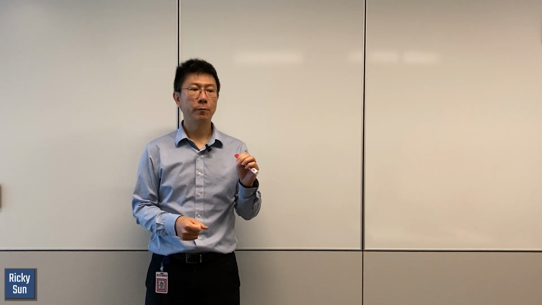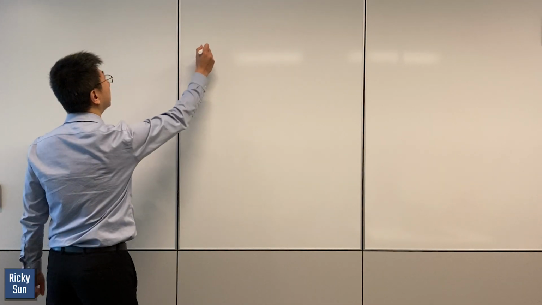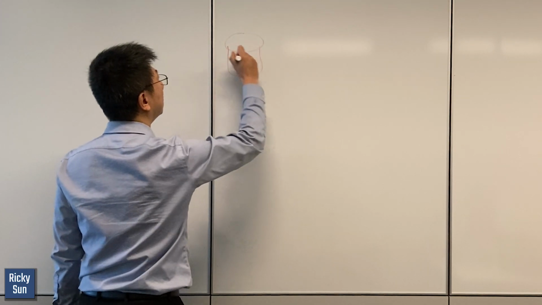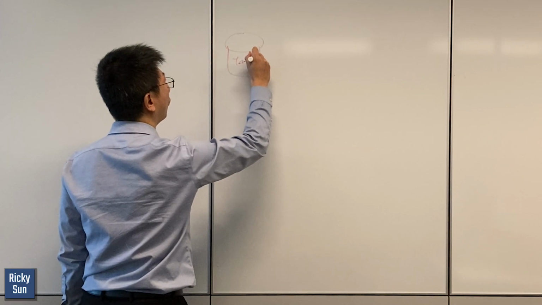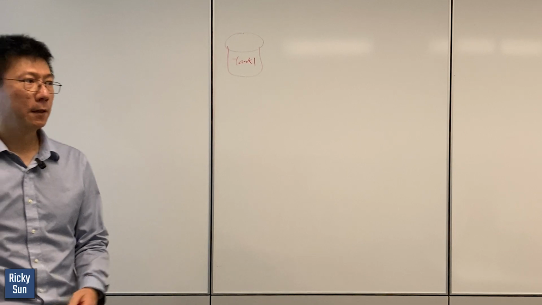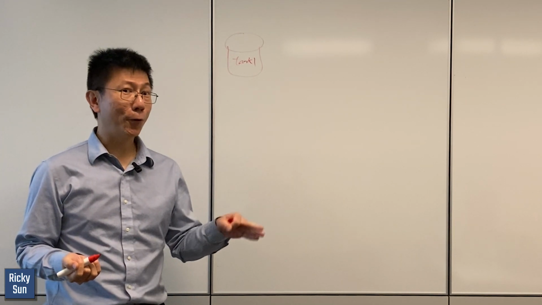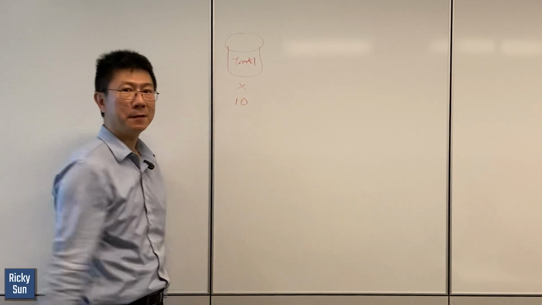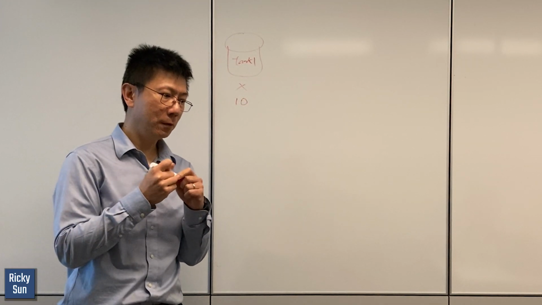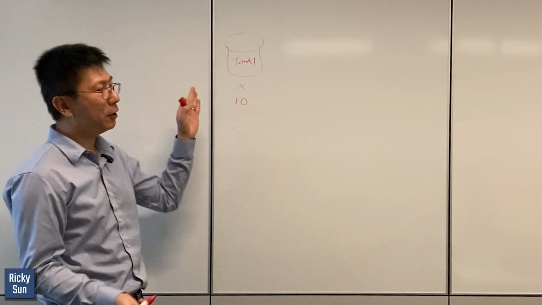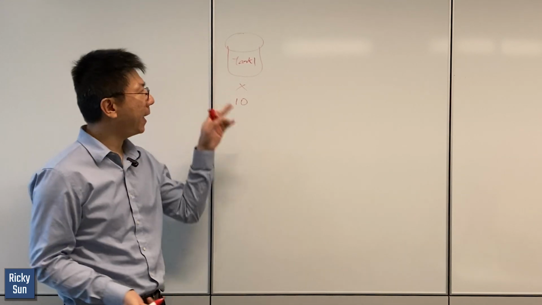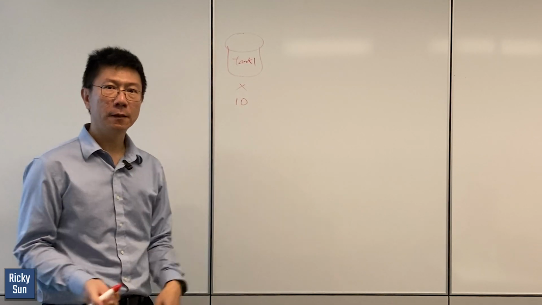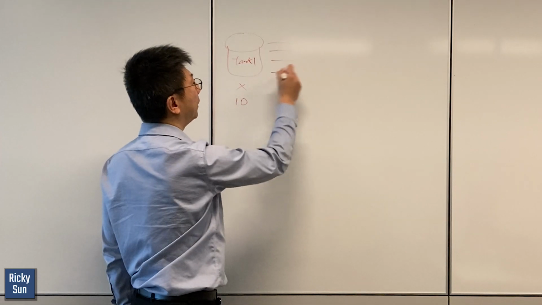For example, maybe you have a tank. I call it tank 1. But your organization may have 10 of these. So if you are going to manually create 10 tanks, it has multiple attributes, right?